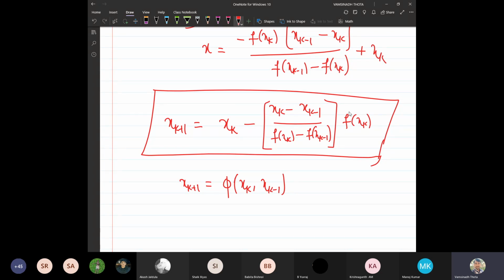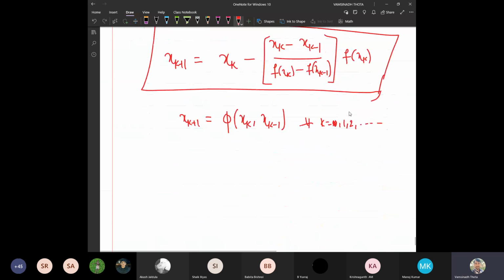Because in every iteration, we are going to use the previous 2 approximations. The secant method is a 2-point iteration method, and this is true for all k is equal to 1, 2, 3, and so on. Not k is equal to 0. Right, so this is how we are going to get this one.